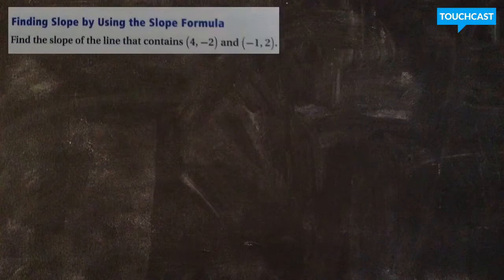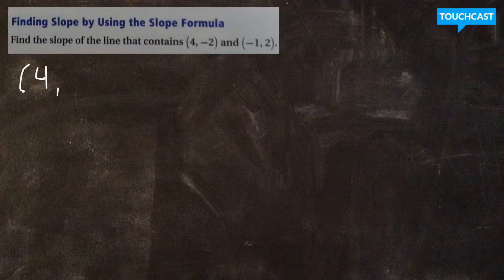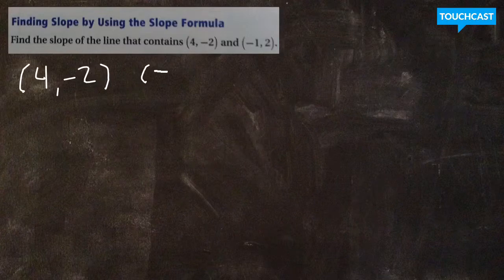Alright, so we're going to find the slope of a line that passes or contains the points 4, -2, and -1, 2. So what I do when I do these types of problems is first, let's rewrite the 2 ordered pairs we have. 4, -2, and -1, 2.